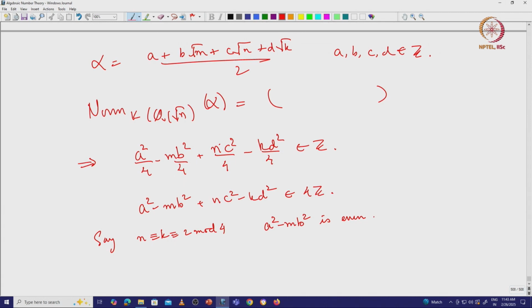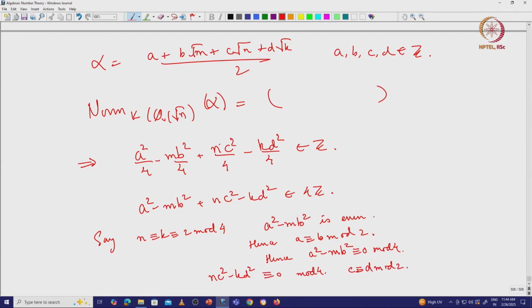So hence a is congruent to b mod 2, and if a is congruent to b mod 2, then I get that a square minus m b square is congruent to 0 mod 4, which means that n c square minus k d square is congruent to 0 mod 4, which means that c is congruent to d mod 2.